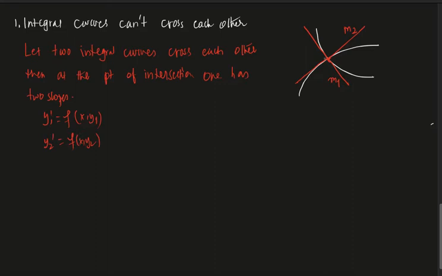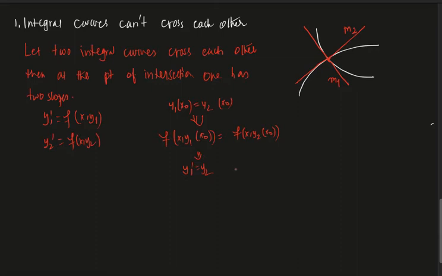That cannot happen, because for any common point, say x naught, y1 at x naught is y2 at x naught. That will imply f of x, y1 at x naught equals f of x, y2 at x naught, so that will give you y1 prime equals y2 prime.